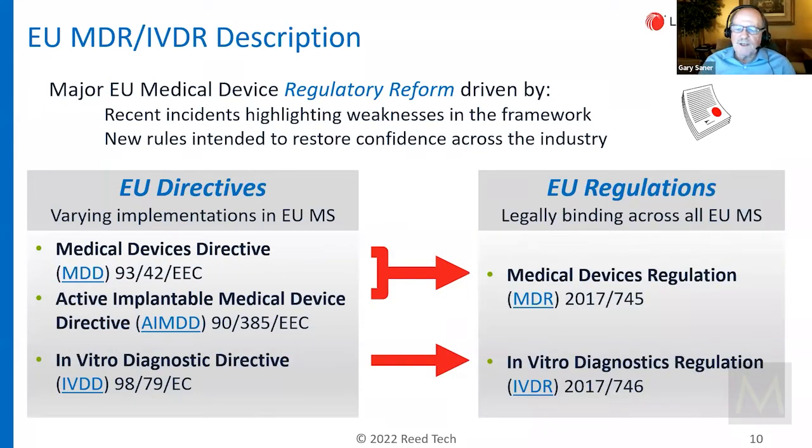In 2017, the European Union rolled out 2 regulations. Noteworthy is that these are now regulations legally binding across all the member states. So the good news is that there is commonality, and the letter of the law needs to be adhered to by each country. The bad news is it completely cleared the table as far as the regulatory framework.